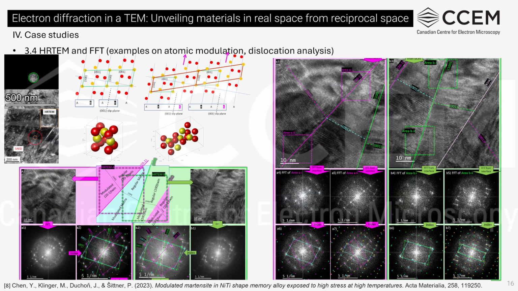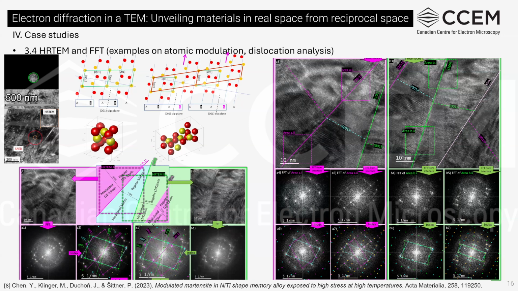What can we do to get a diffractogram? The answer is to use the high-resolution TEM technique and get the FFT pattern. So here within this 40 nanometer circle, we have an example of partial dislocation, which creates a stacking fault.